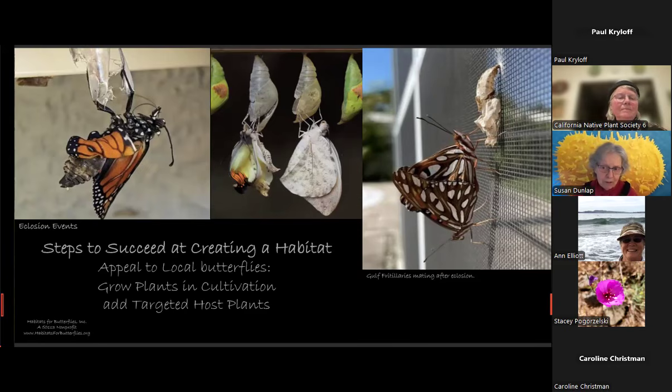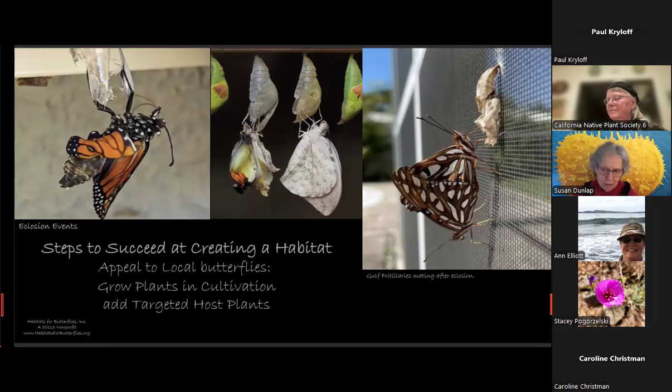The good thing about the Gulf fritillary is that it's an avid garden visitor and will attract other butterflies. In fact, most of the Gulf fritillary population comes to suburban and urban gardens, so it's a smart butterfly to start with.